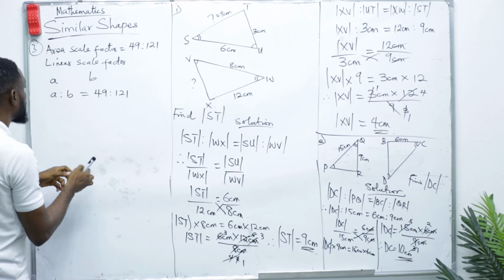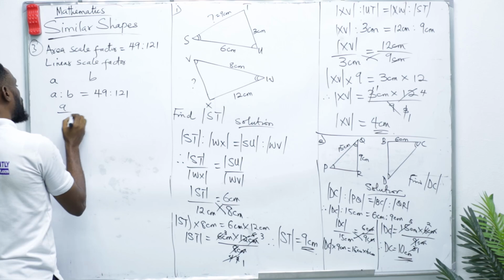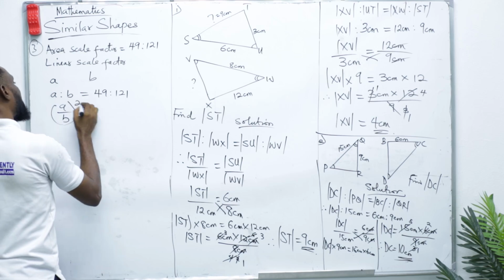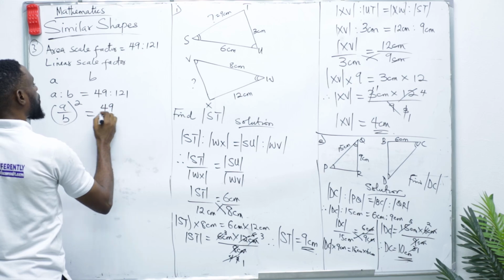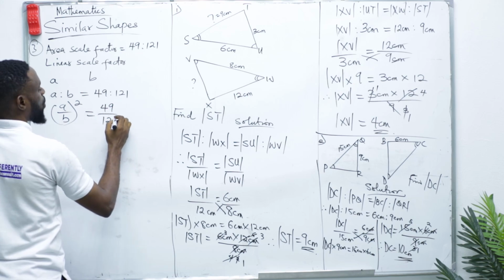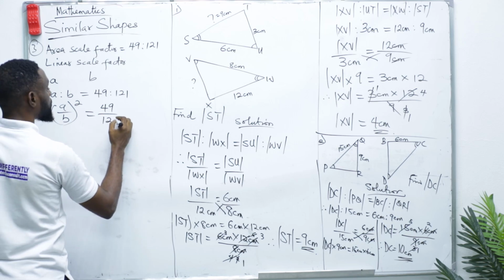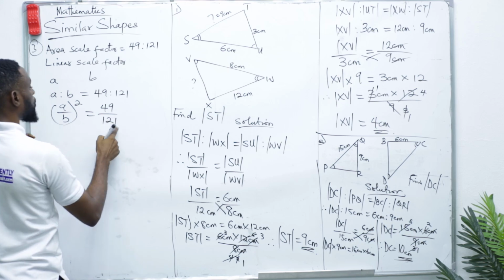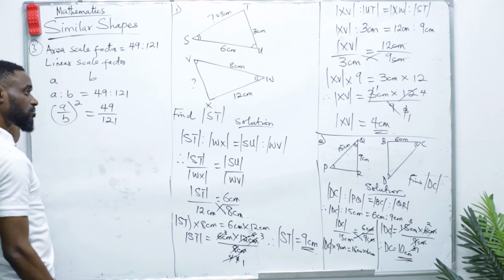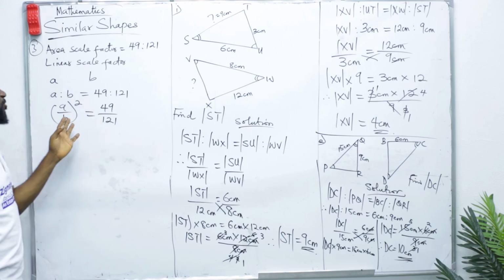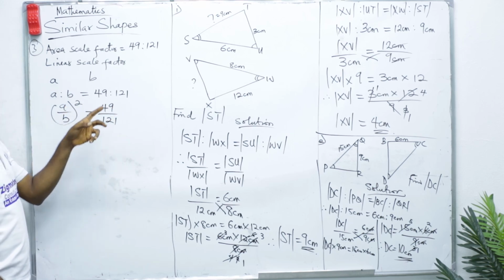So A over B squared is equal to, we squared it both sides, 49 all over 121. That is actually what this means, because the square of this is what gives us this. Do you understand the point now?